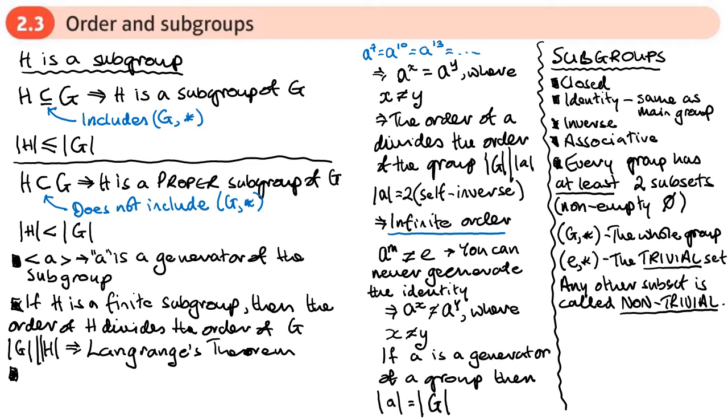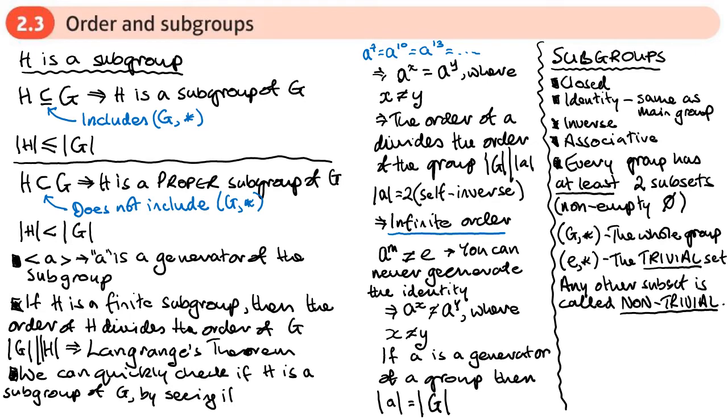And lastly, a quick way of checking to see if a subset is actually a subgroup is, all we need to do is to check to see if that set is closed. So we can quickly check if H is a subgroup of G by checking if H is closed.